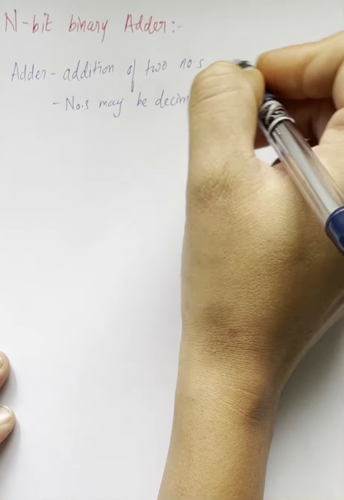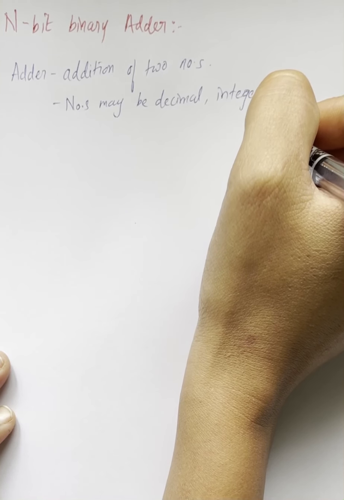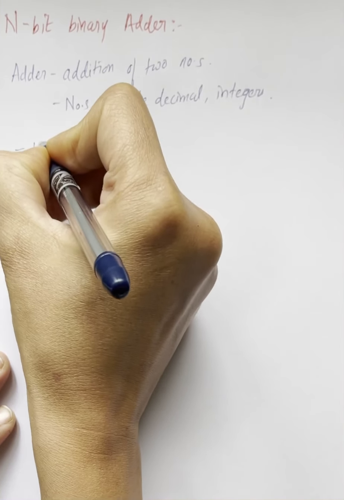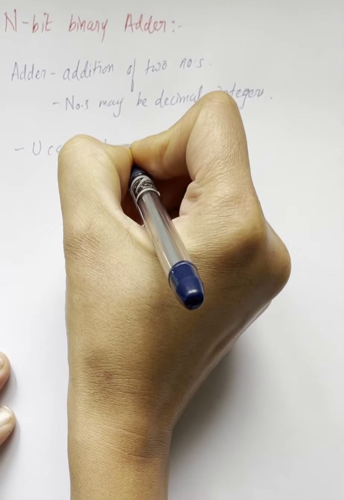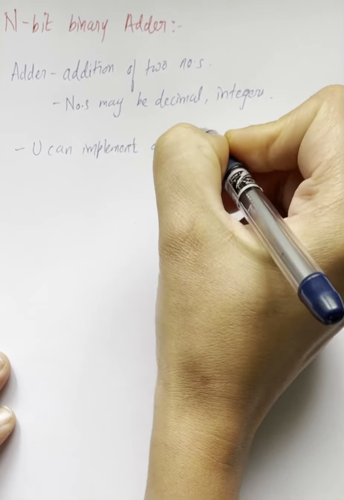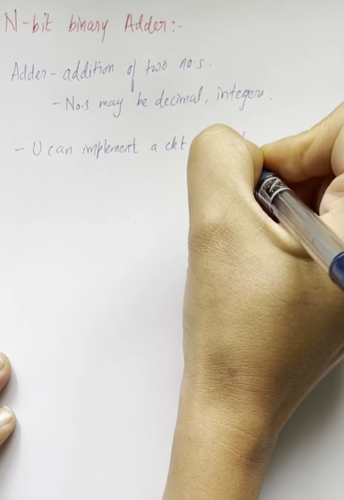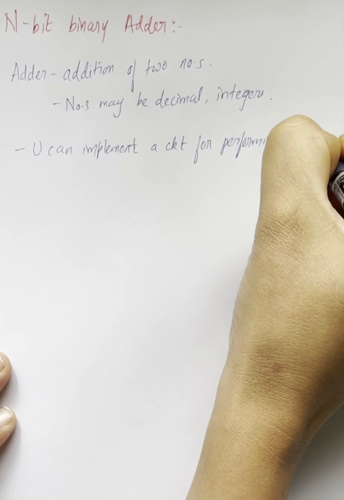But this same operation of addition can be done using digital electronics by implementing a circuit. That means you can implement a circuit for performing the addition operation.